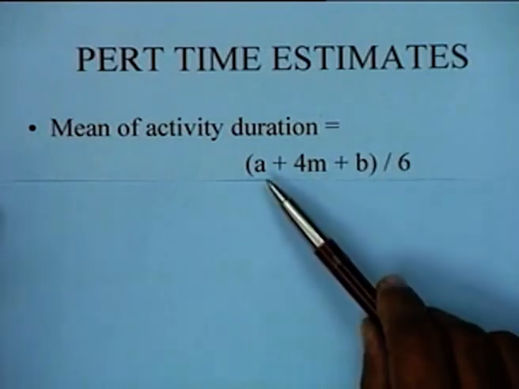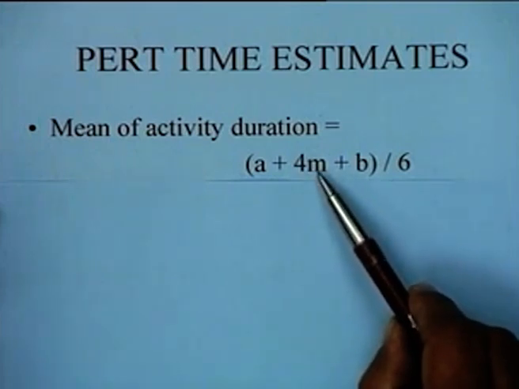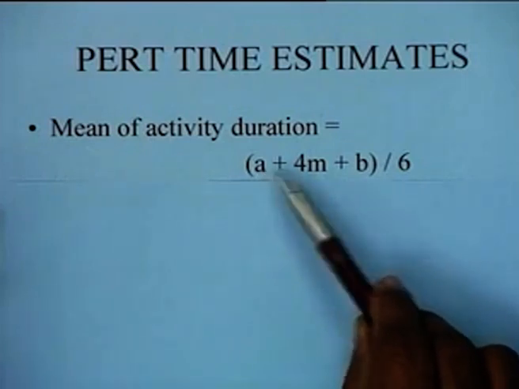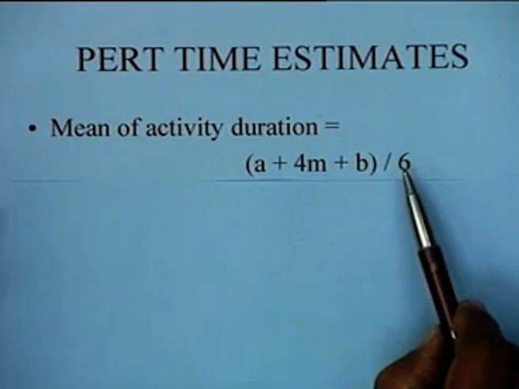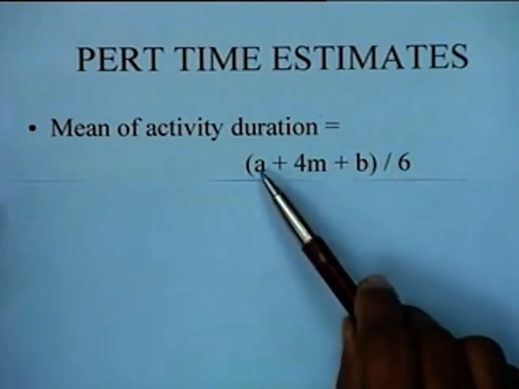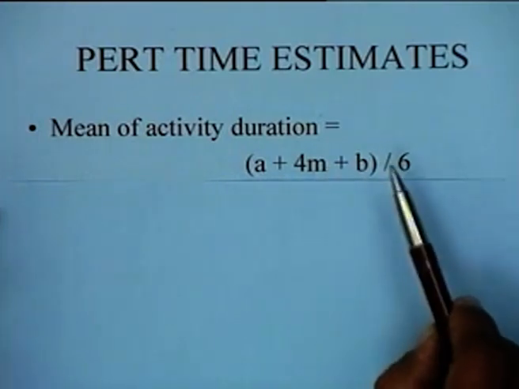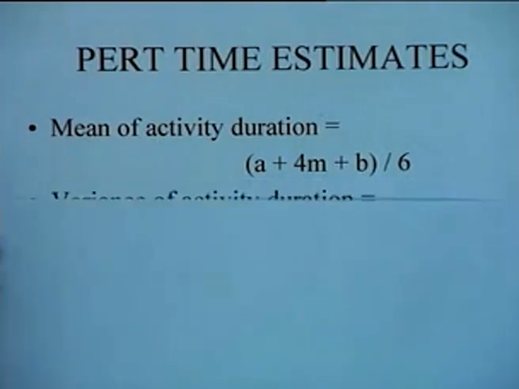So it is like saying that we give 4 times the weightage to the most likely time as we give to the optimistic and the pessimistic times, and we divide the whole thing by 6. So it's like a weighted average of the optimistic, the pessimistic and the most likely times, and we get this particular value of the mean of the activity duration.